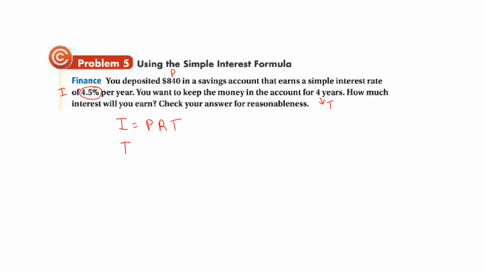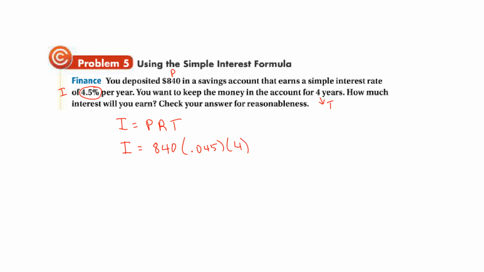I've got that my interest here will be 840. If I change 4.5% to a decimal, I move my decimal place 2 to the left, which means I will have as a decimal 0.045 times my time of 4 years.